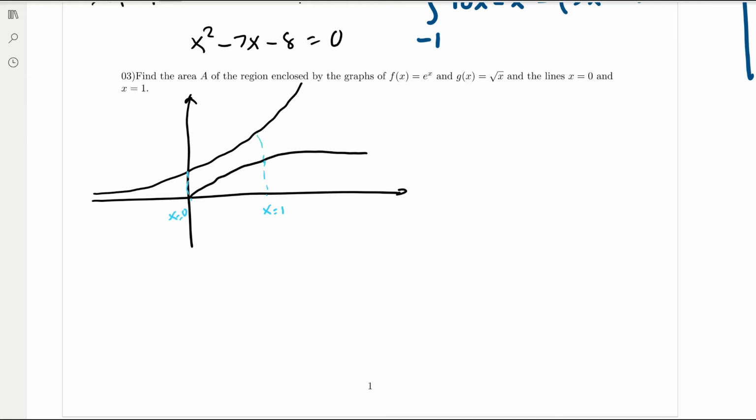So you want to find the area enclosed by these four things. That means this area right here: the area between e to the x and square root of x and these two lines, x equals 0 and x equals 1.